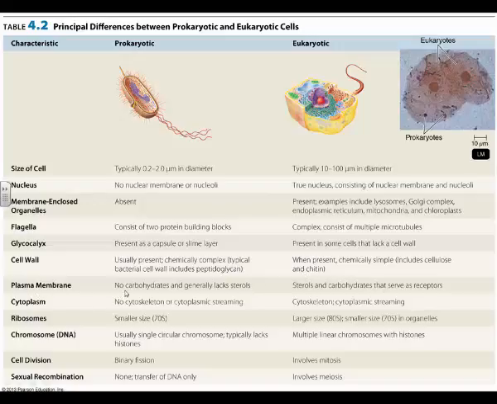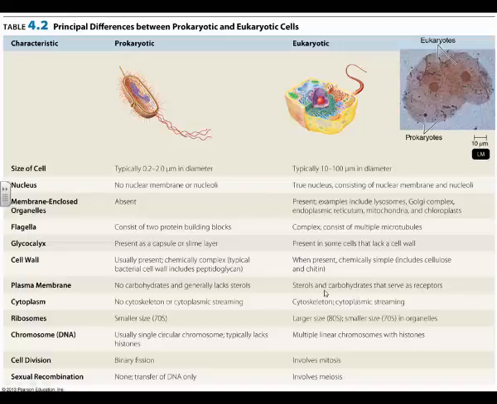There is also a difference in the types of lipids in a plasma membrane or cell membrane. So there are no carbohydrates in the prokaryotic cell membrane, and they generally lack sterols, which are another kind of lipid like cholesterol, which we do have plenty of in our human cells to help strengthen that outermost structure of our cells.